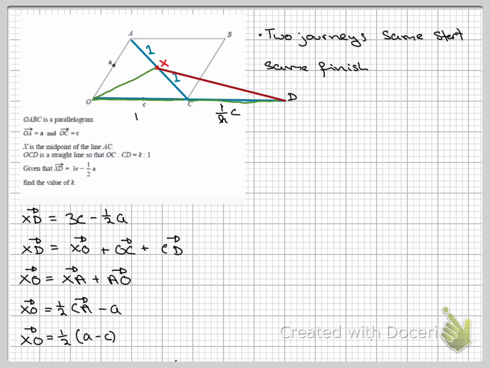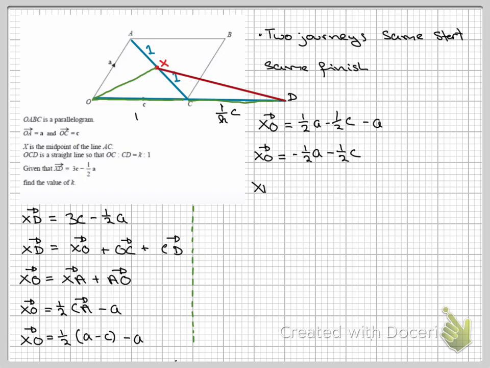And finally, starting up here again, X going to O will be 1/2 of A minus 1/2 of C minus A. Tidying this up, X to O will give me minus 1/2 of A minus 1/2 of C. And now we start putting all the pieces together.